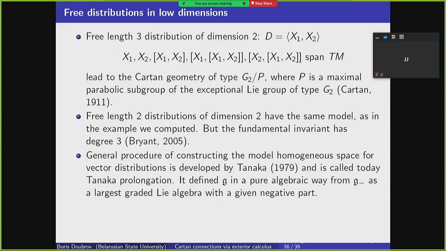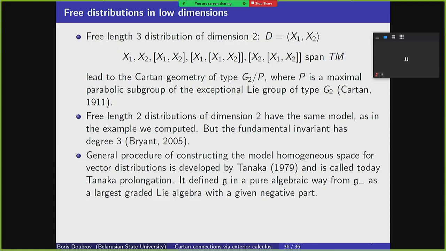I mentioned already the name of this Japanese mathematician, whose works were devoted to the concept of filtered manifolds. So when you have a bracket generating distribution, you generate a filtration, then you take an associated graded space, you get an important graded Lie algebra that is called a symbol.